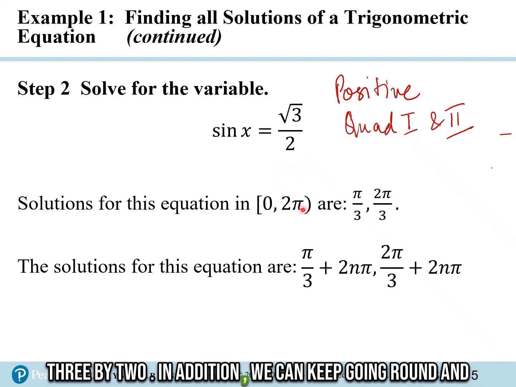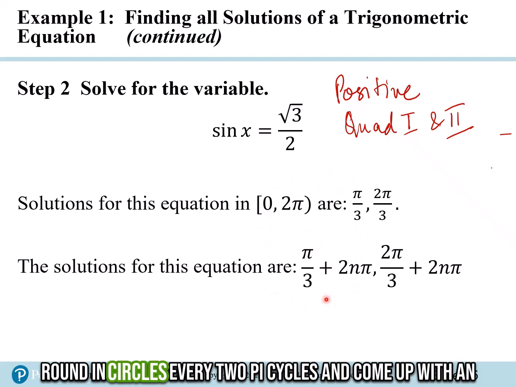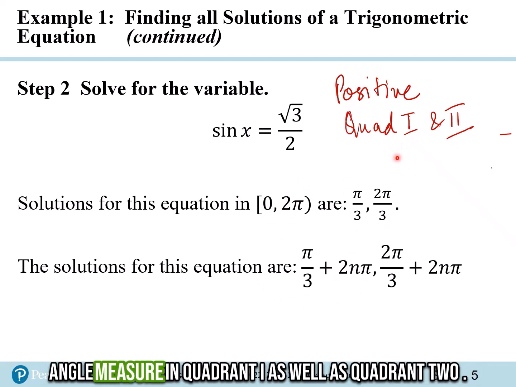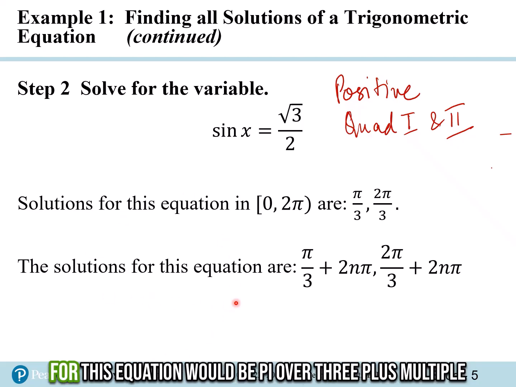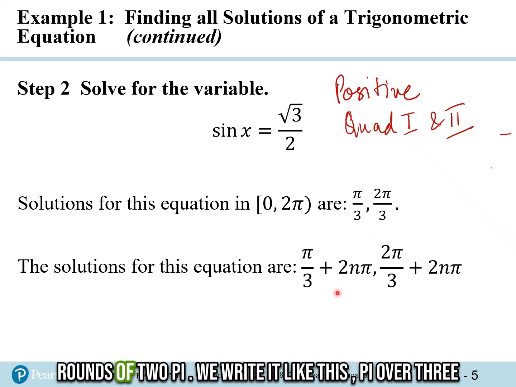In addition, we can keep going round and round in circles every 2 pi cycles and come up with an angle measure in quadrant 1 as well as quadrant 2. Therefore, unless an interval is specified, the solutions for this equation would be pi over 3 plus multiple rounds of 2 pi.